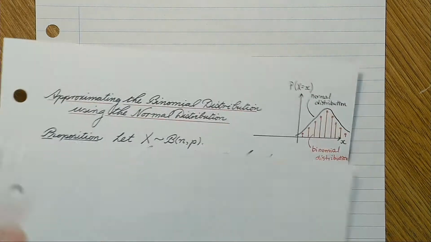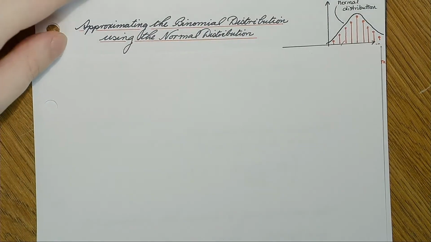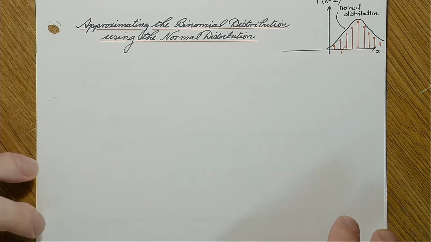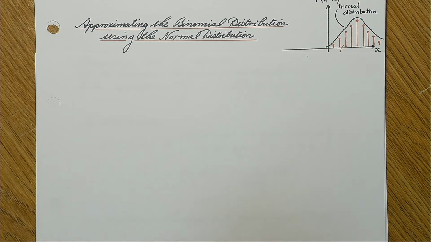Moving on. Approximating the binomial distribution using the normal distribution.